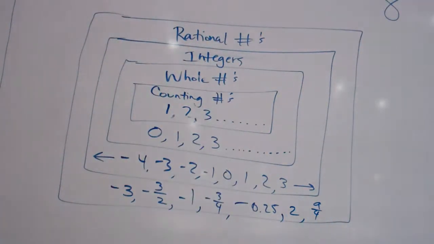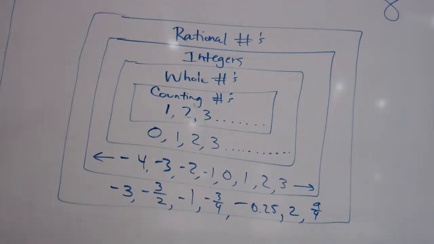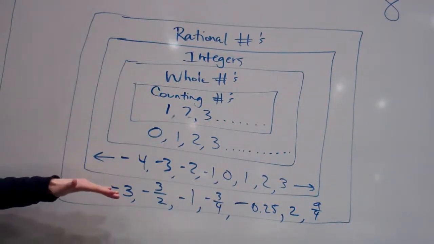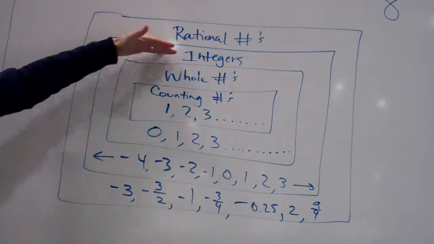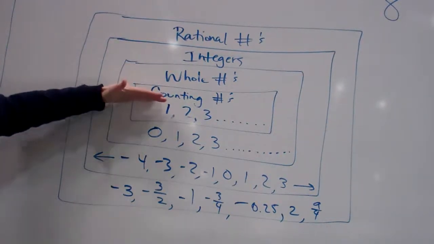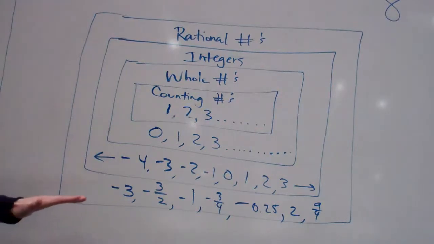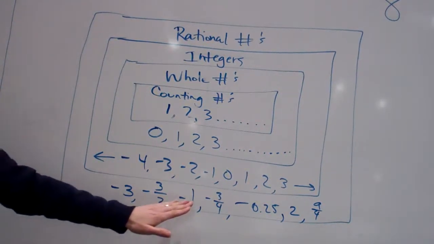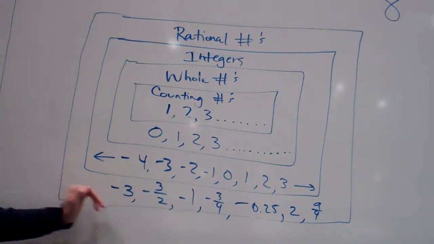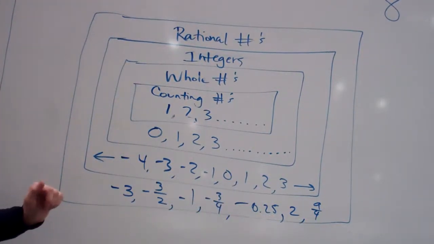It just goes on and on. Okay? So does everybody see that rational numbers included integers, whole numbers, counting numbers, but then it also has its own entity? So it's mixed numbers, decimal numbers, and pretty much any other number. Does everybody understand? Yes, ma'am.